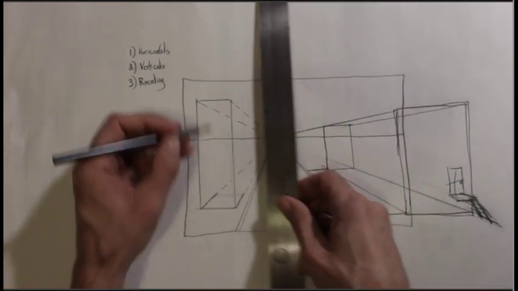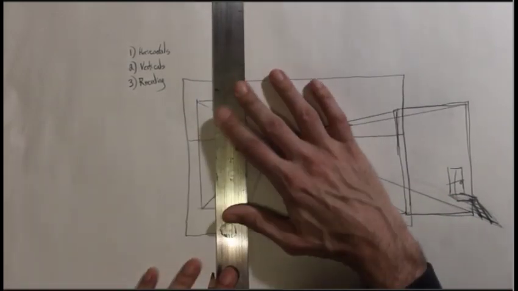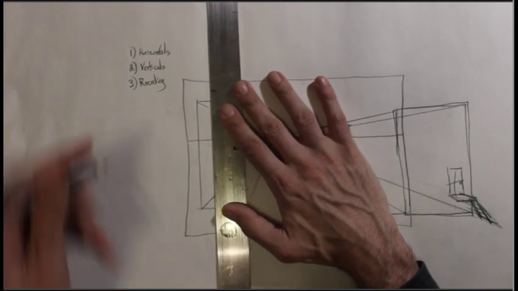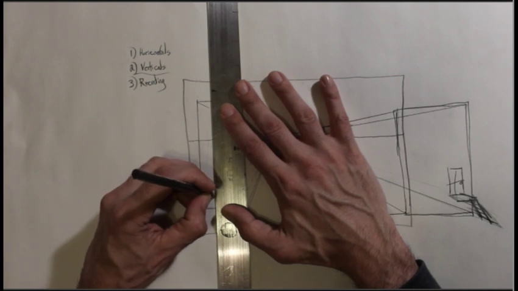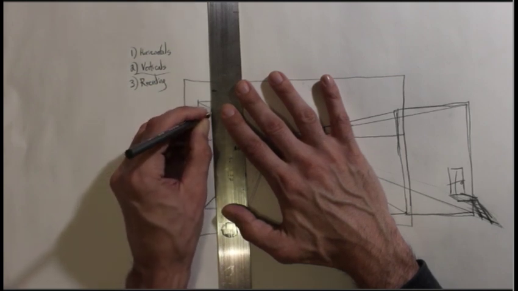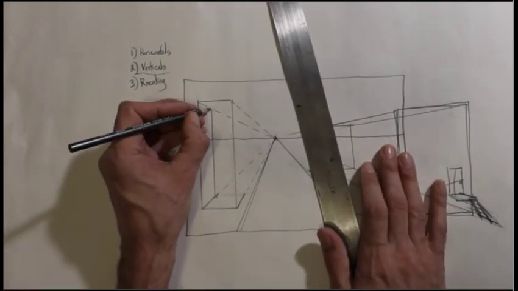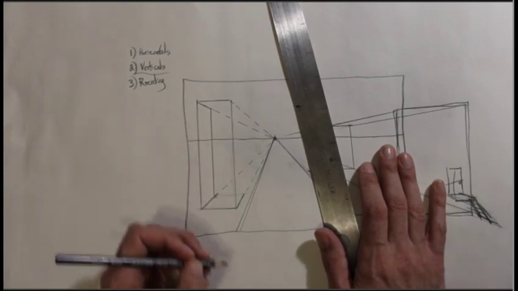So now we find the top edge simply by following a vertical, since that's one of the three types of edges I can have, all the way up, and wherever it intersects that potential diagonal right there, that becomes the end of this left side.